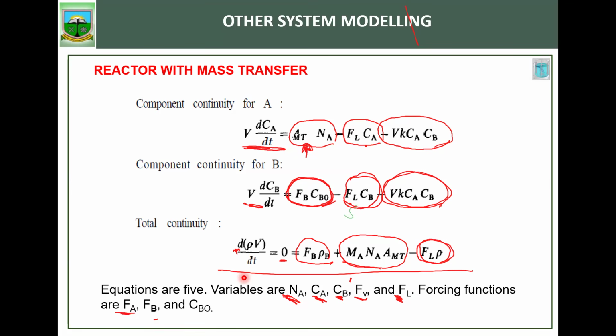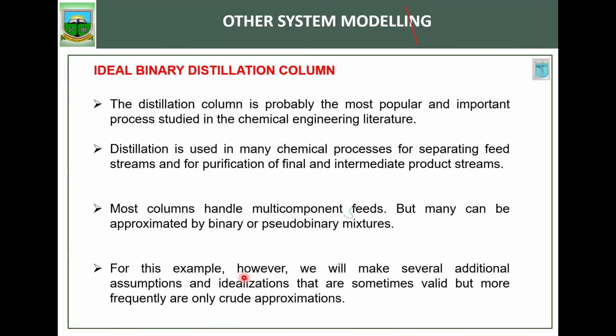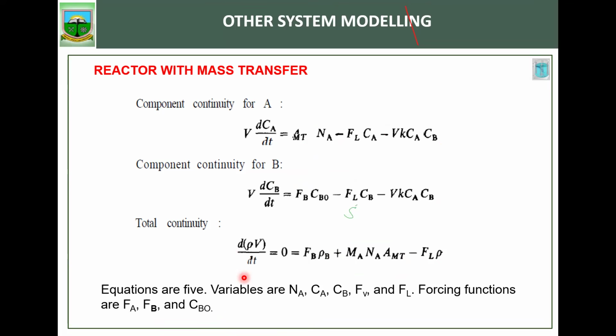If you flow more water, you might have more absorption. Okay. So these are the forcing functions of this system. That's how you model a reactor with mass transfer. It's just accounting for the mass transfer coefficient.